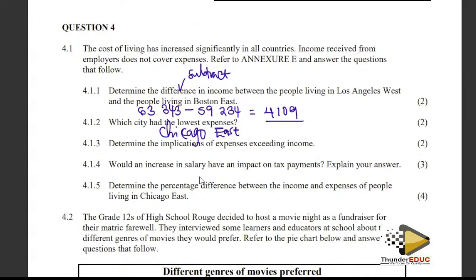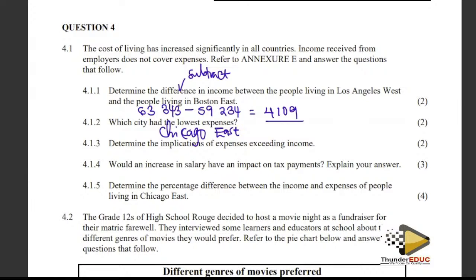Determine the implications of expenses exceeding income. Definitely here people will become poor, according to poverty. It will be poverty, straightforward. Higher increase in the credits, less buying power.